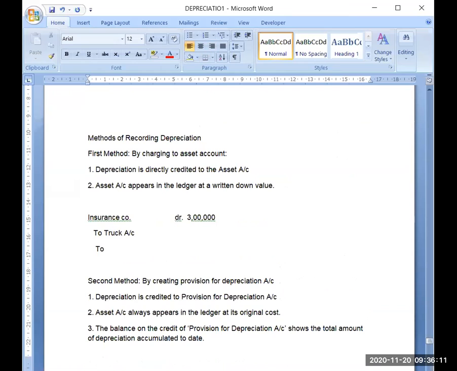This will be the first entry with 3 lakh.